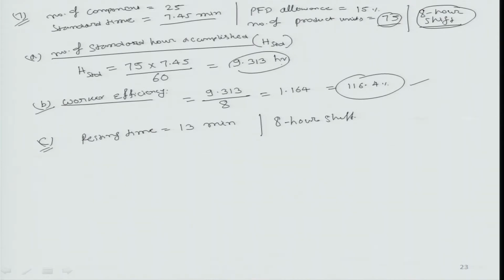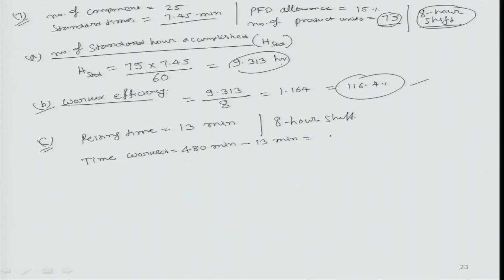So we will calculate how much time the worker worked. Allotted time was 480 minutes and resting time was 13 minutes.